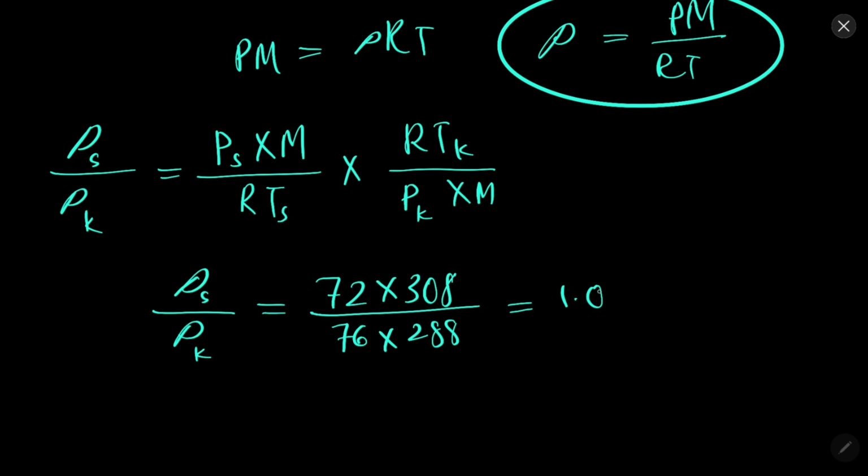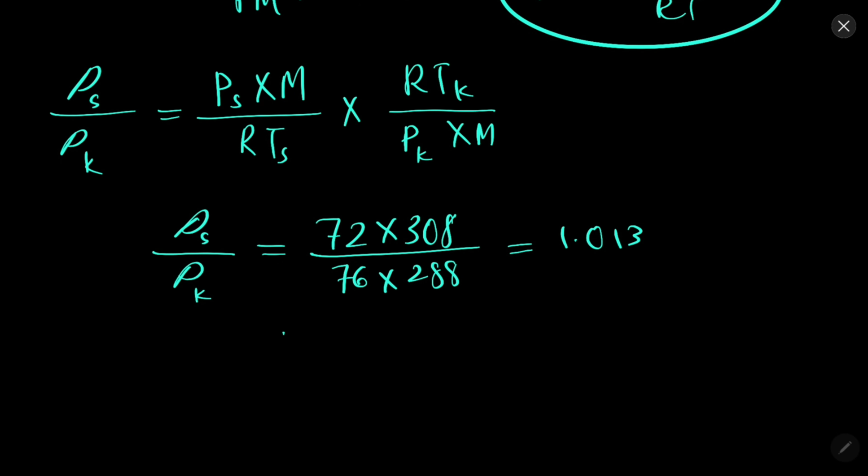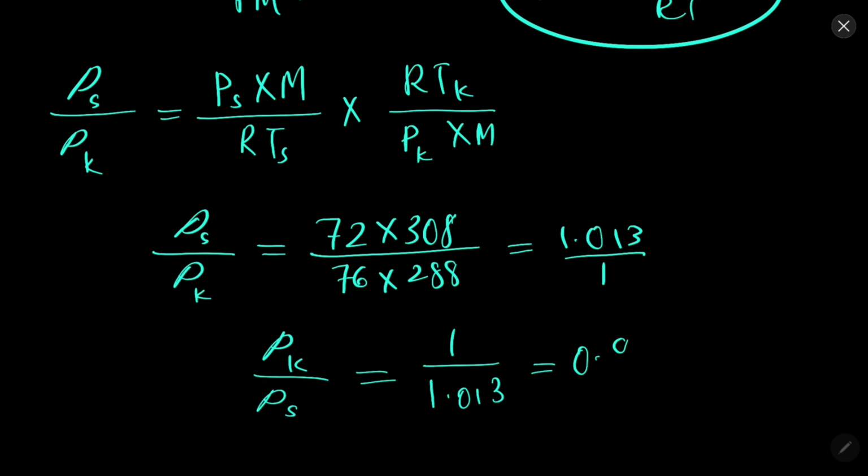So this will be 1.013. Or if you want to find Kalka over Shimla, then it can be 1 over 1.013, which will be 0.987.